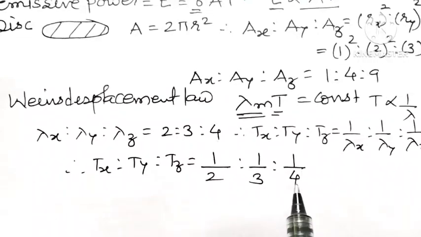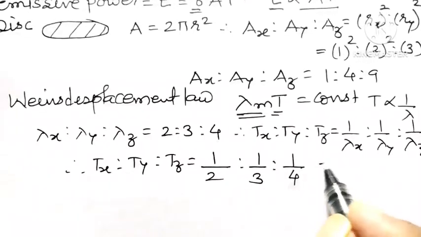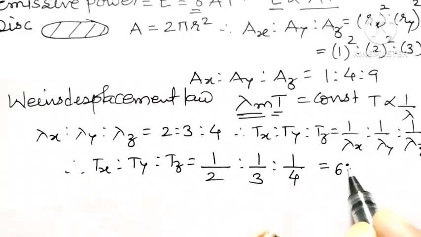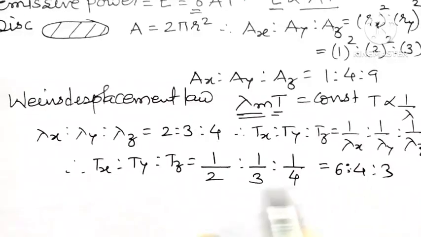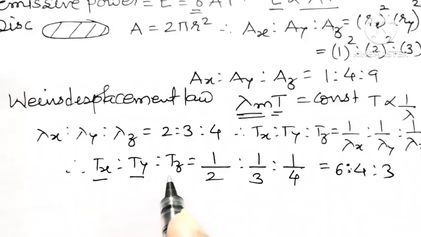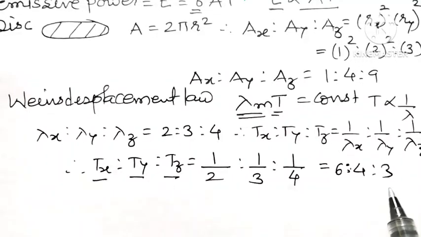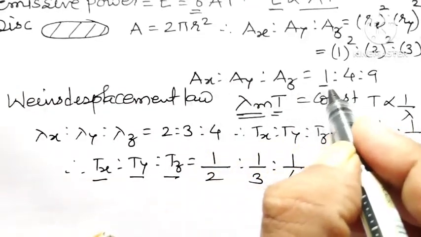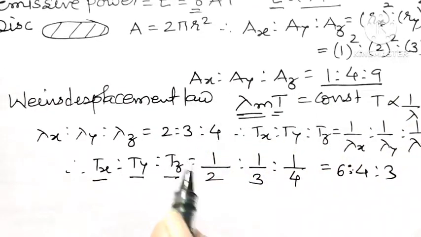Now here the LCM is 12, so this ratio becomes 6 as to 4 as to 3. So Tx as to Ty as to Tz is equal to 6 as to 4 as to 3, and similarly Ax as to Ay as to Az is equal to 1 as to 4 as to 9.